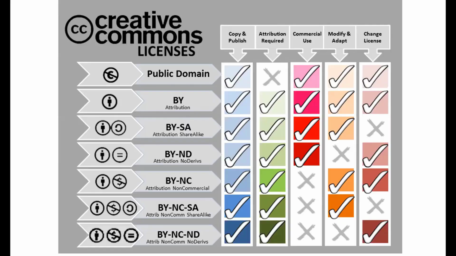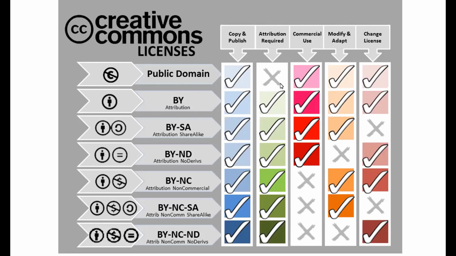To make things easier for you, in this chart here, you can see the different Creative Commons licenses and the public domain and see what you can do with them. These here on top of the chart are the permissions that you have. So for all of these licenses, you have the right to copy and publish. For all of them, except for the public domain, you have to give attribution to the author.